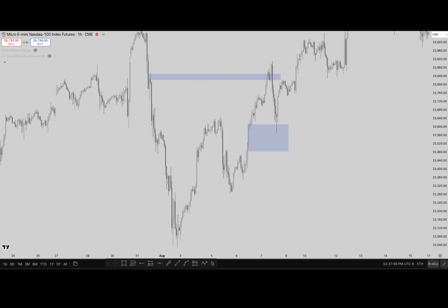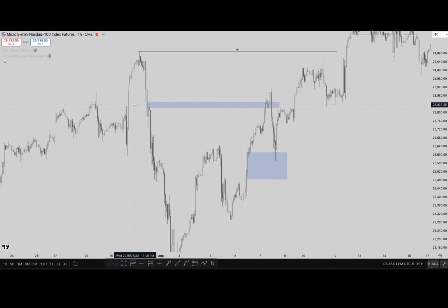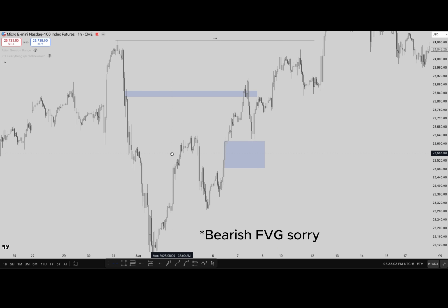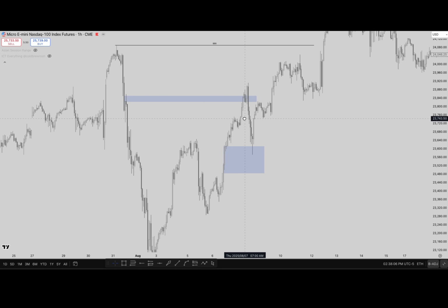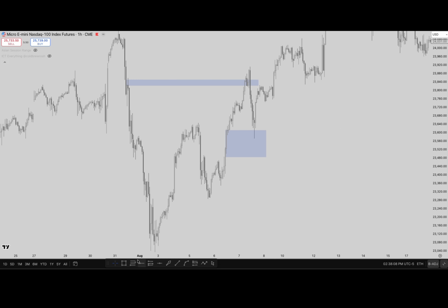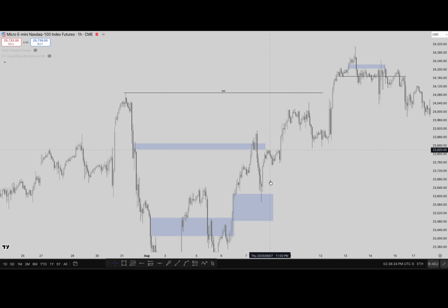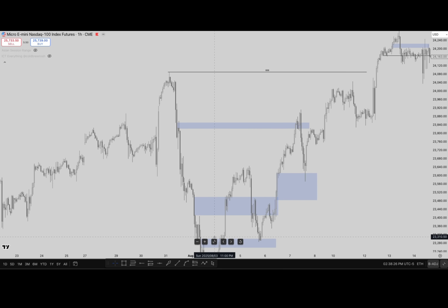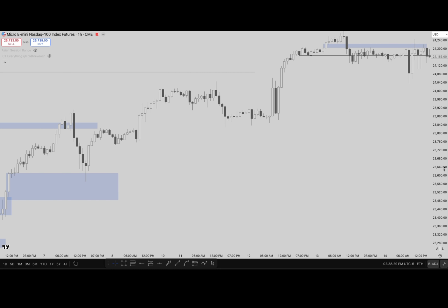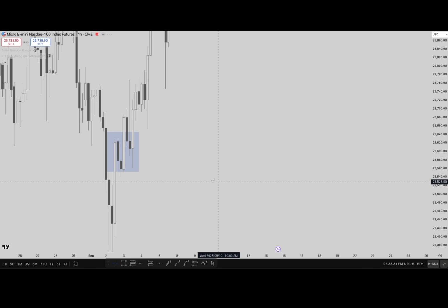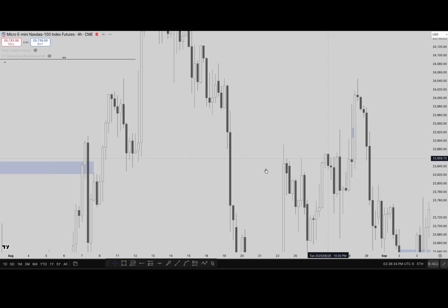But look at this bullish fair value gap within this range still has effect on this, and it's kind of like it's just a constant exchange of fair value gaps. Look at this one, gets ran through, comes back to this one, and then we come back up to this place, and then we come back to this fair value gap right here.